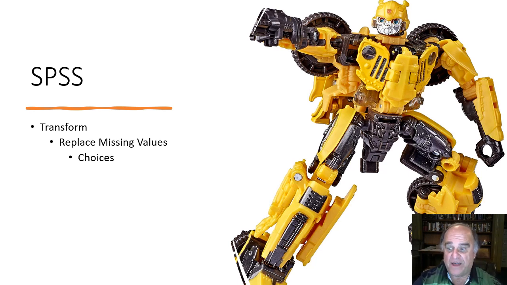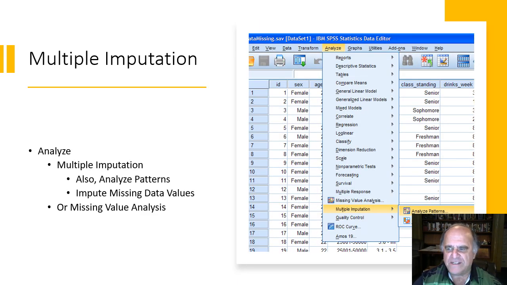SPSS does have other even fancier ways to deal with missing values. For example, if you go to Analyze and then Multiple Imputation, you'll see there are options for different kinds of imputations there. So there's what's called Analyze Patterns. You can also impute missing data values there.